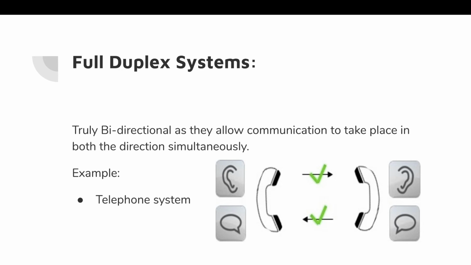Third is the full duplex system. As the image suggests, that is the telephone system, where you can speak and you can listen all at once. That is why it is also known as a truly bidirectional system, where communication happens both ways.